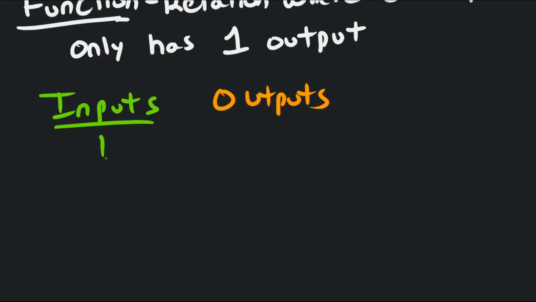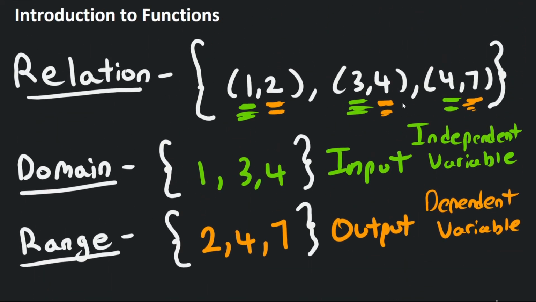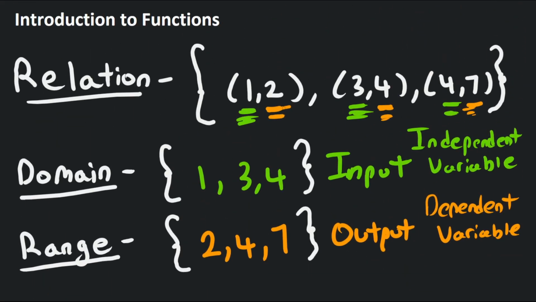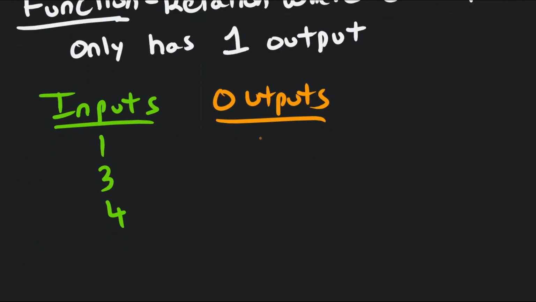And now all the outputs are the ones underlined in orange, all the y-coordinates, 2, 4, and 7. So let's write them down, and let's see what they relate to.